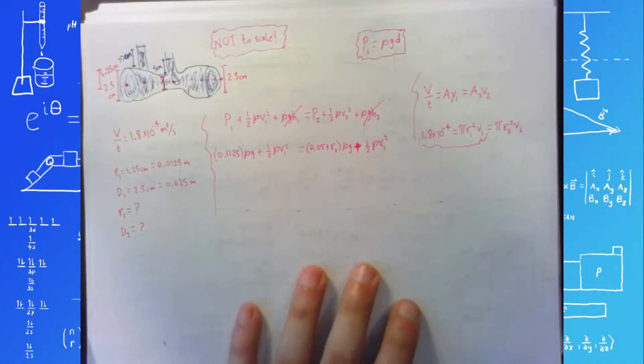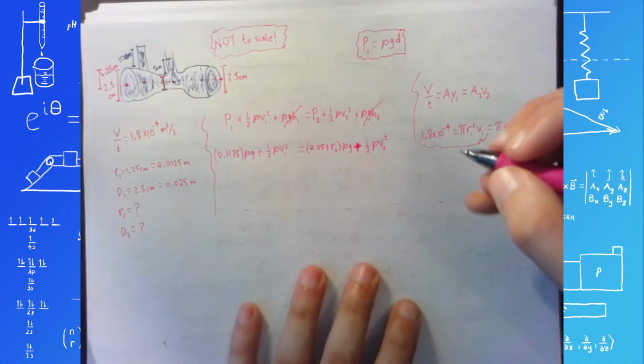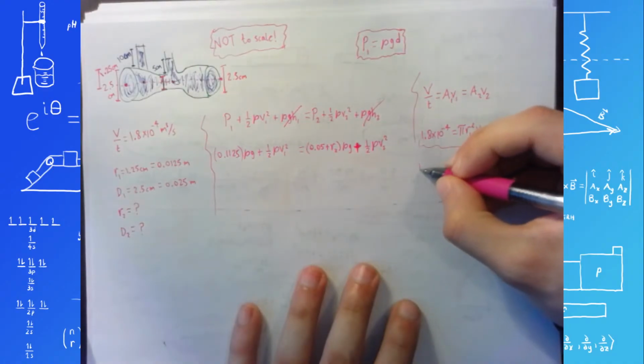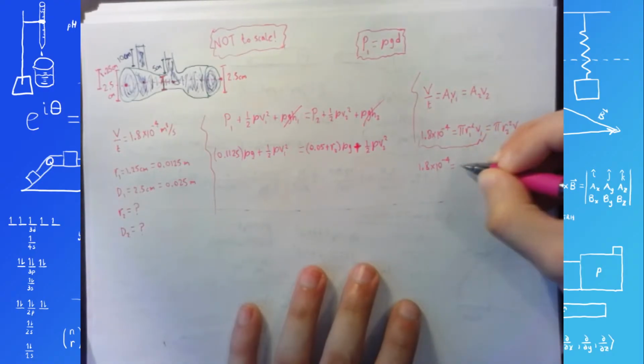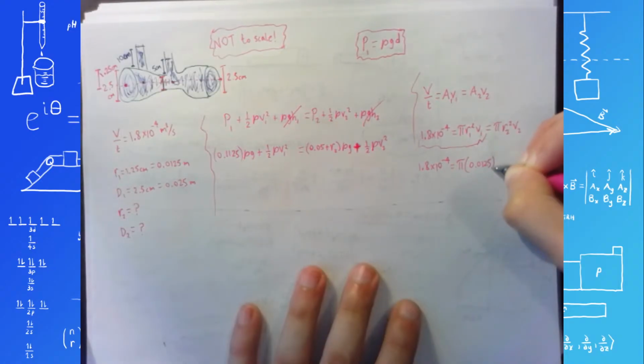R1 I know is 0.0125 in meters, so 1.8 times 10 to the negative 4 equals pi times 0.0125 squared times v1.